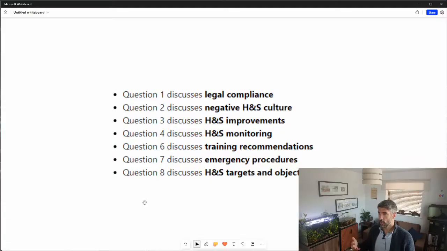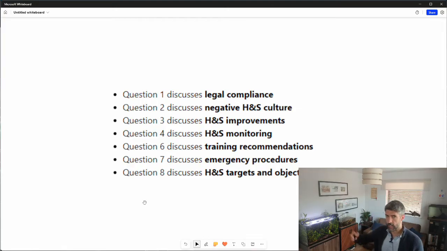So if NEBOSH has decided that an issue in the scenario is significant enough to create a question around, then it stands to reason you'll probably get a mark for identifying it as an issue that warrants discussion at a health and safety committee. So make sure that your list of at least 10 issues covers all of those at a minimum.